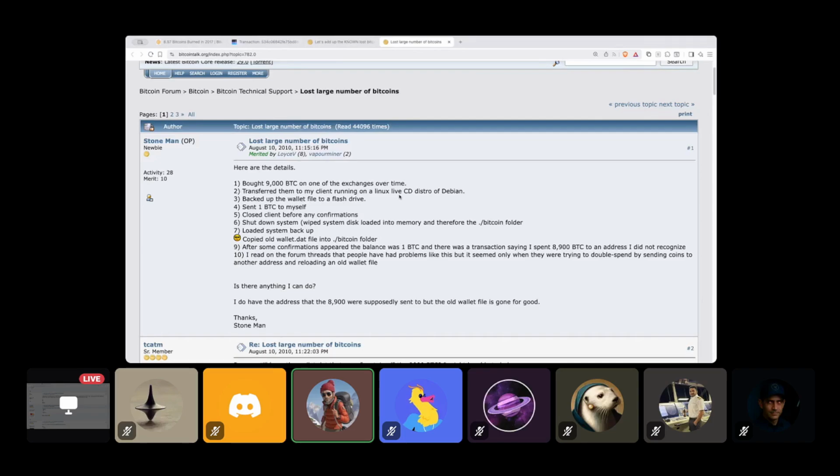The client doesn't take care of it, so it doesn't keep a running update of all your transactions. He thought the wallet.dat file would have a running update of his transactions. So when he tried to come back and open it, it was gone. His keys, his current state, and everything else was gone.